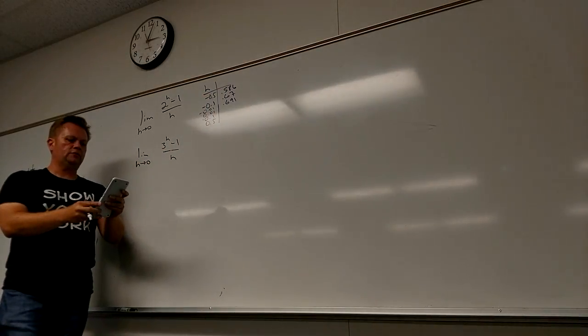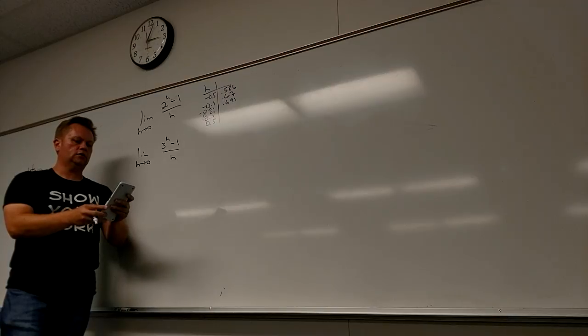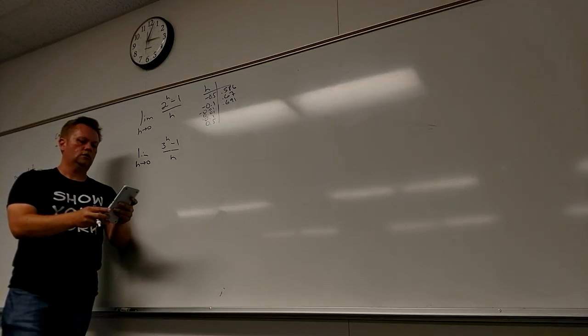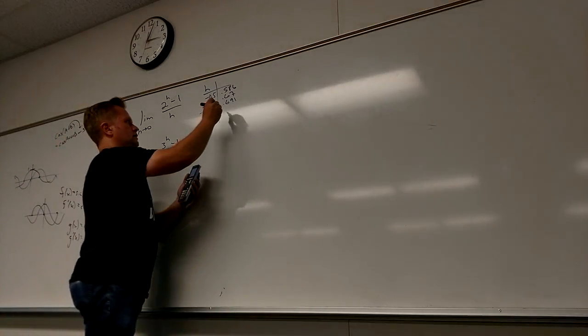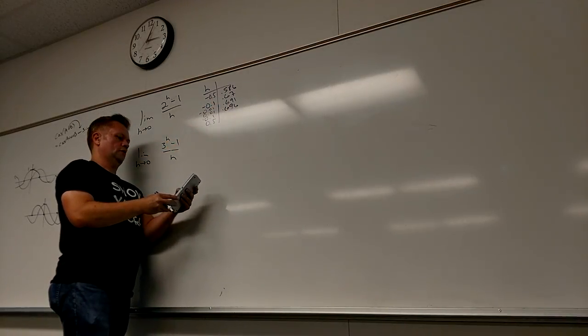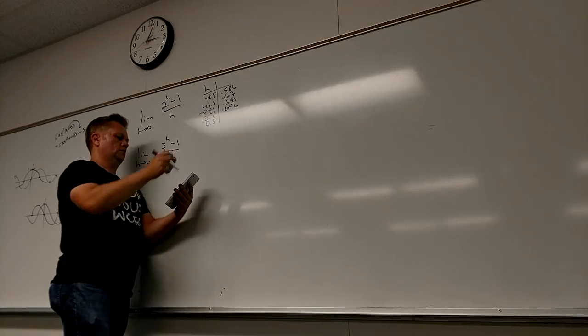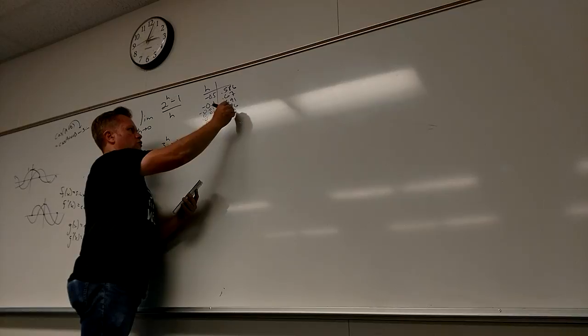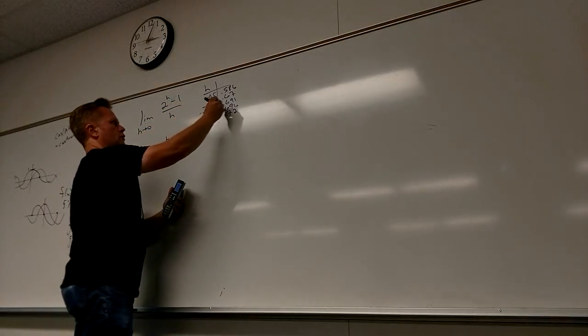If I put positive 0.01 in there, 0.696. I'm just going to do one more, 0.1, 0.72 roughly. So right here is what I'm looking at, right?